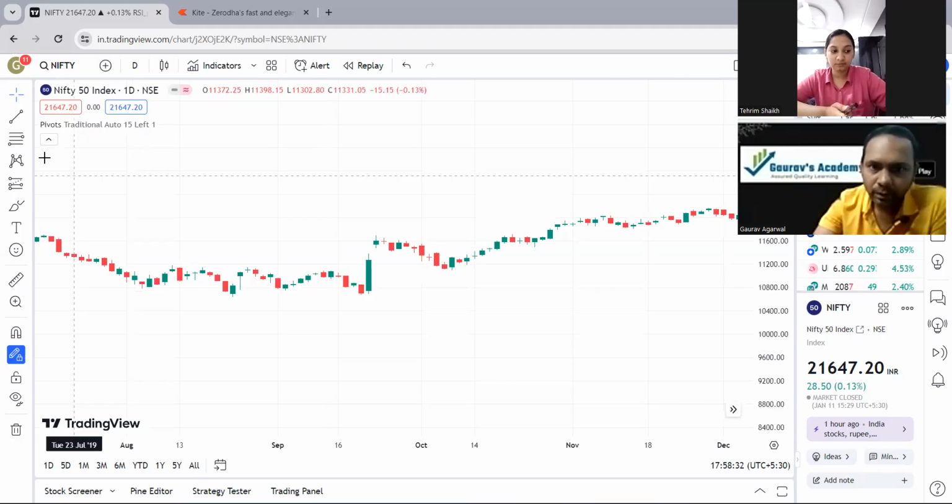See, for this, you have to join the candles. So you have to join the high of multiple candles and low of multiple candles, right? So how you have to do that? You have to do like this. One second.